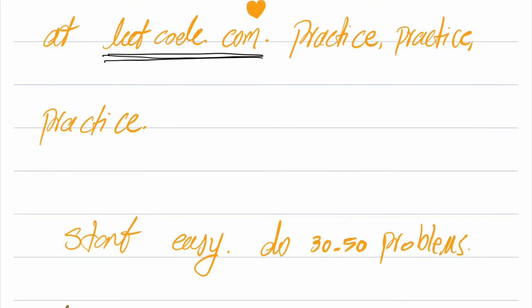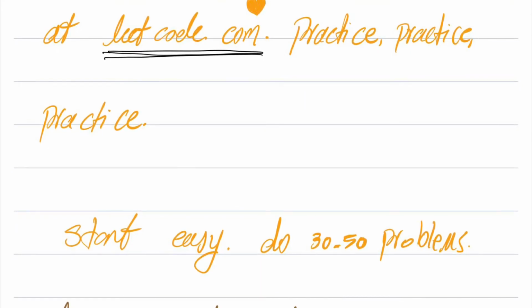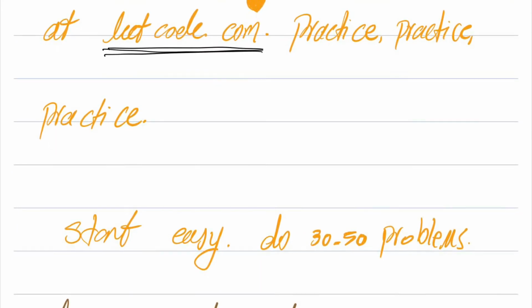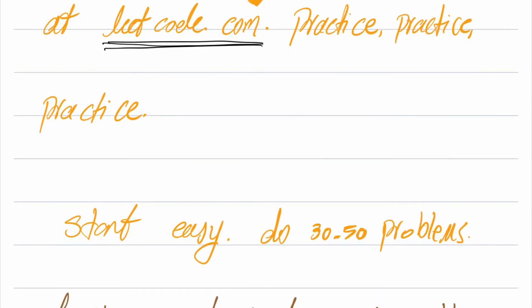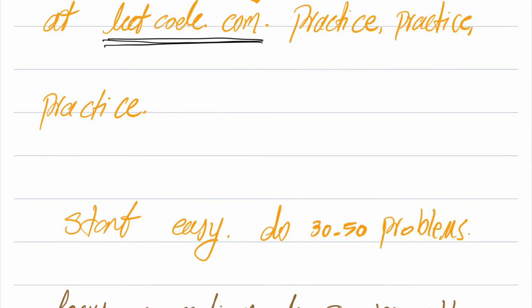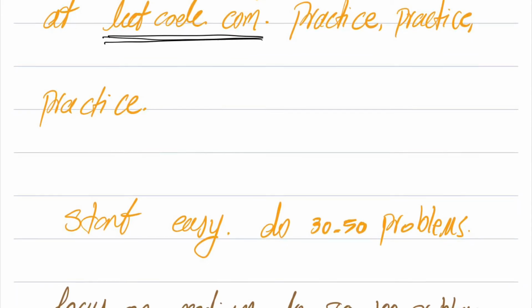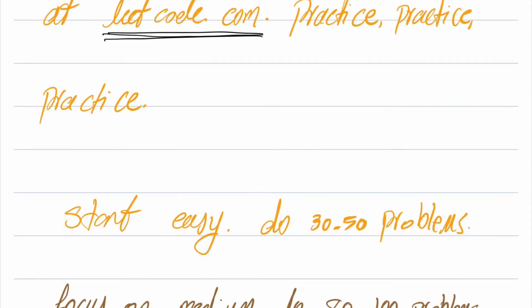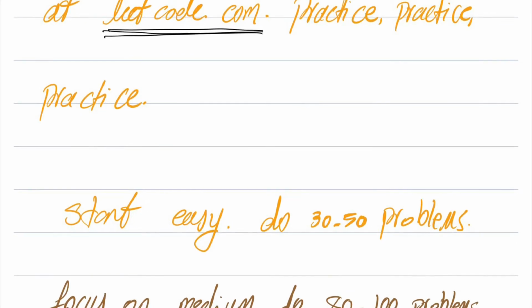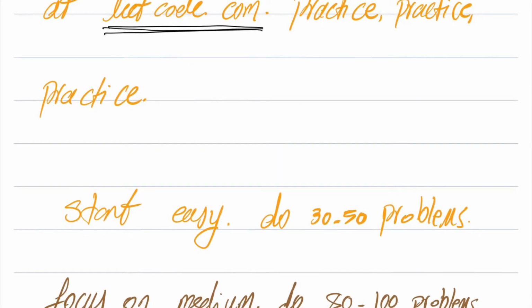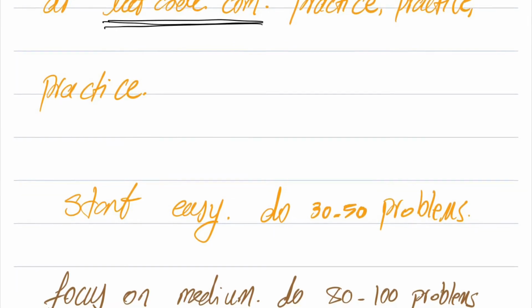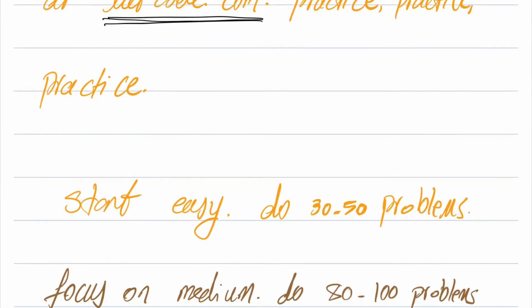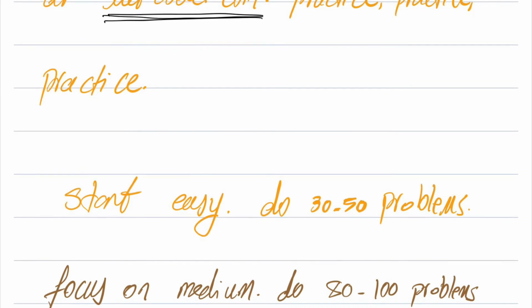Try and practice a lot of easy problems. I would suggest starting with easy problems. Go for 30 to 50 easy problems. Try to digest solutions, dissect solutions, and try to see what data structure works better for each solution. A note for easy problems: if you've done coding before, probably you can solve easy problems with a bunch of for loops, a bunch of while loops, and a bunch of if statements.